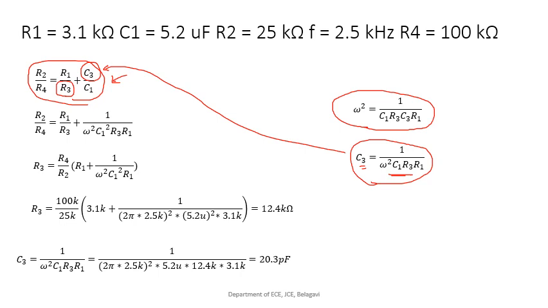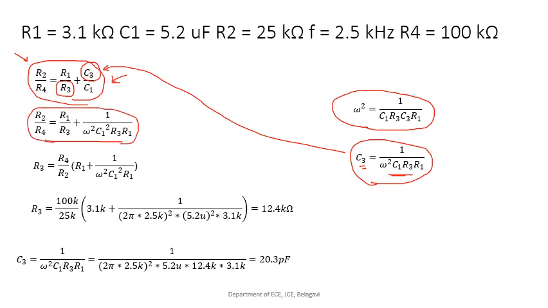Why we are substituting is because we have two unknowns in this formula, and we cannot find two unknowns from one equation, so we are trying to simplify. If you substitute for that, what you will get is R2 by R4 is equal to R1 by R3 plus 1 divided by omega square C1 square R3 R1. So in this equation there is no C3.